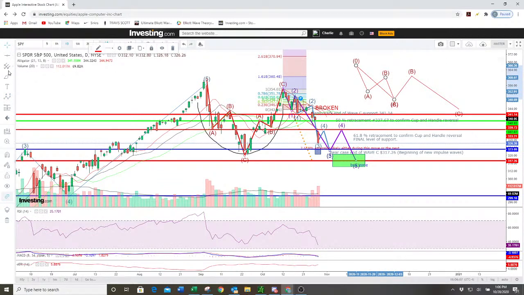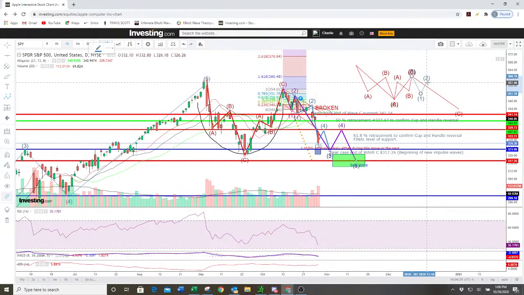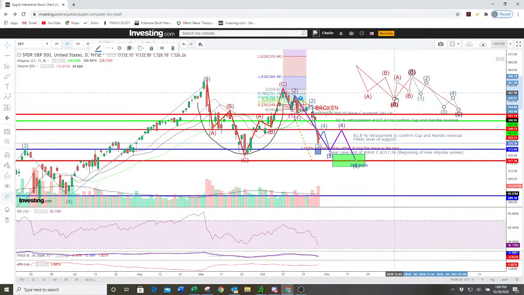Then we look for an opposite move, right? ABC going up, and then going down. We want to see 5 waves to finish the move, 1, 2, and the rules stay the same as far as impulse waves. So this is what I want to see: ABC going down, ABC going up, and then 1, 2, 3, 4, 5 going down. So let's see if we have that now.